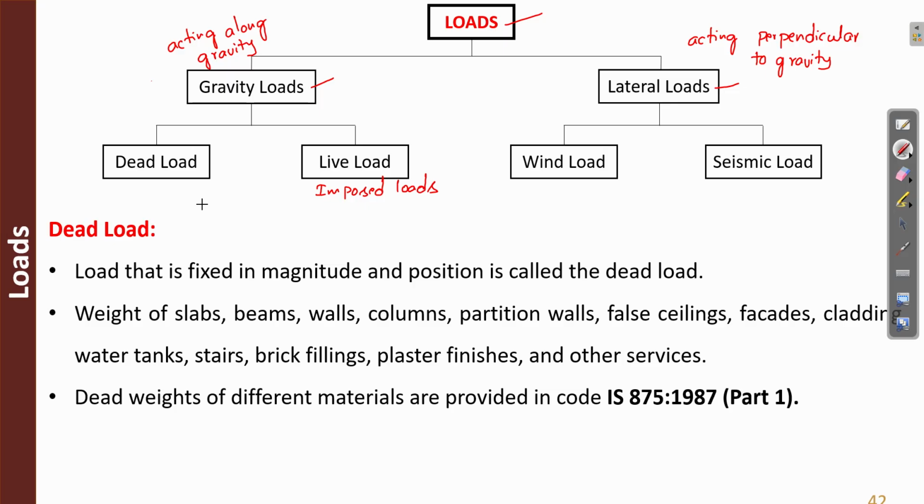Other examples of gravity loads are equipment loads, snow load, and floor finishes. In the case of lateral loads, we have wind loads and seismic loads, which are nothing but earthquake loads.